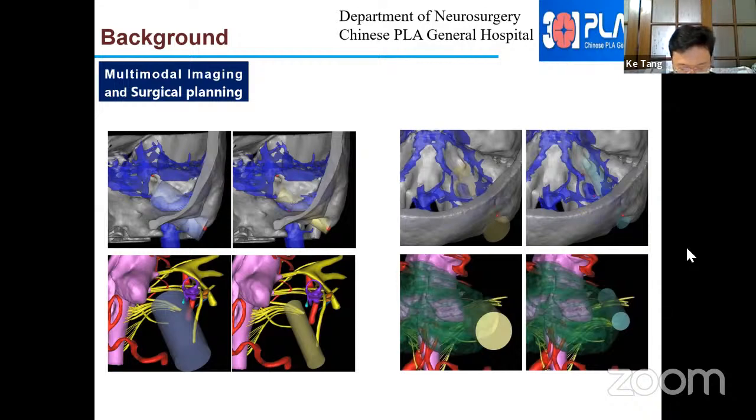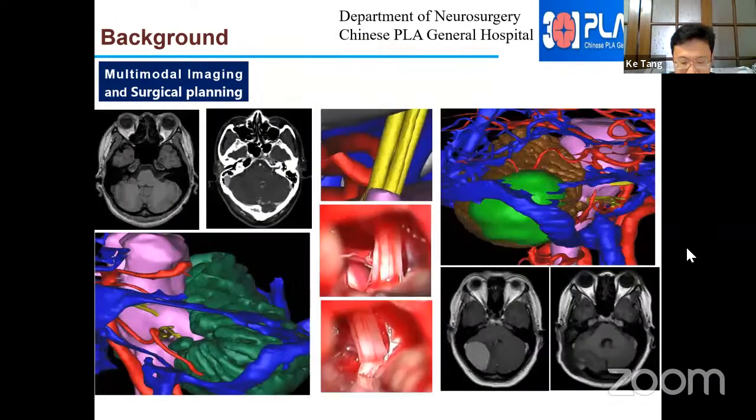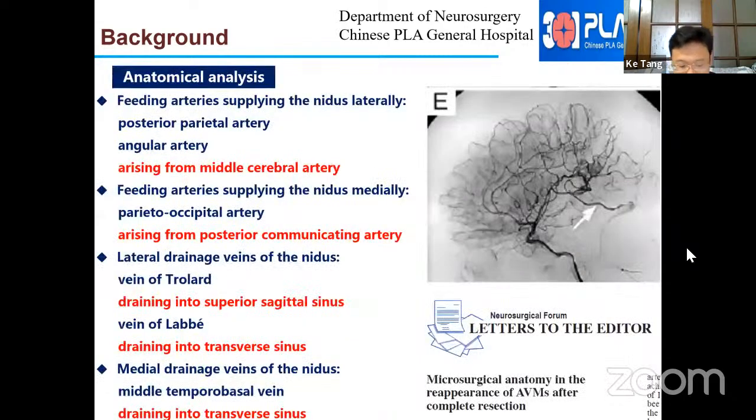The MRI protocols include the T1 weighted sequence, contrast-enhanced T1 weighted sequence, T2 space sequence, and time of flight (TOF) sequence. In addition, we performed rigid registration to align all images and outline the contours of the lesions, osseous, and neurovascular structures.